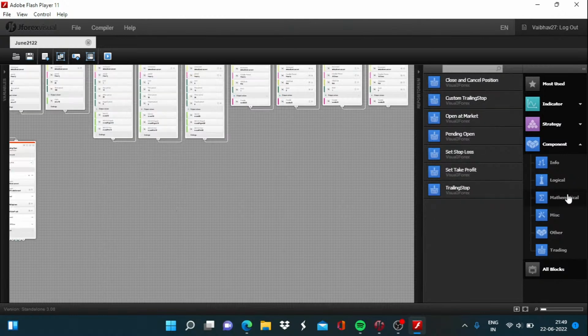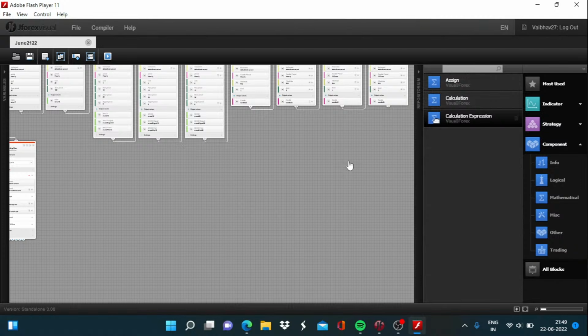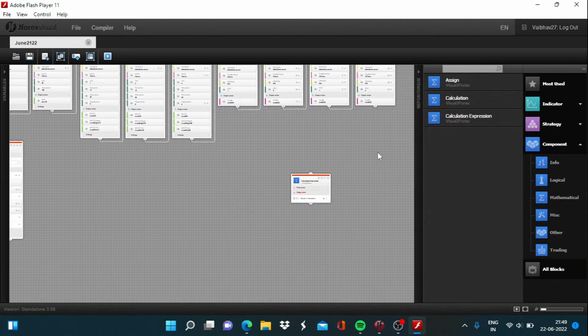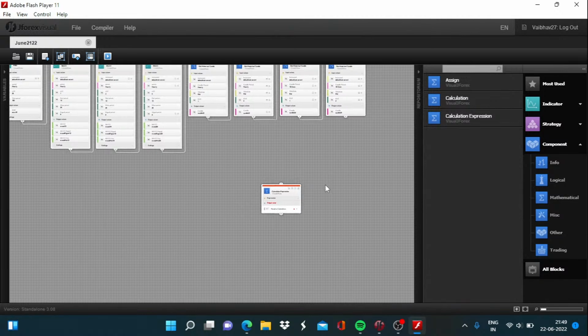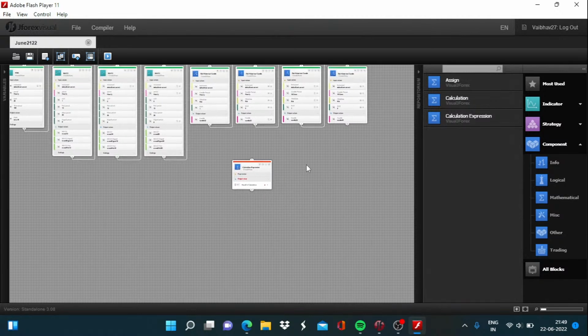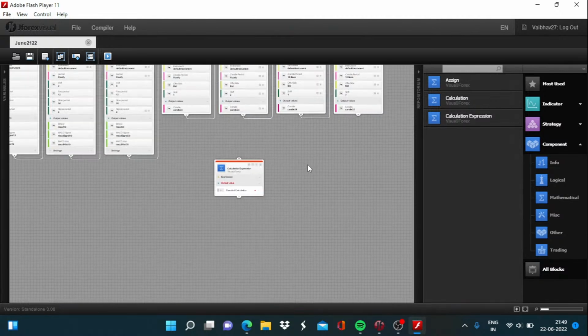For that, I'm going to take mathematical component, calculation expression. So whatever is the last hour's closing level, we will have to deduct from it the difference between the closing and the opening price. So for that, first we will have to calculate last hour's opening and closing price difference.